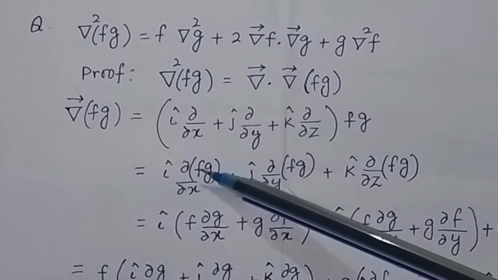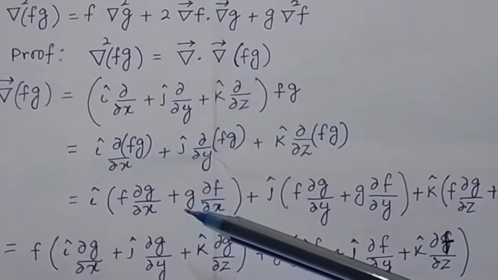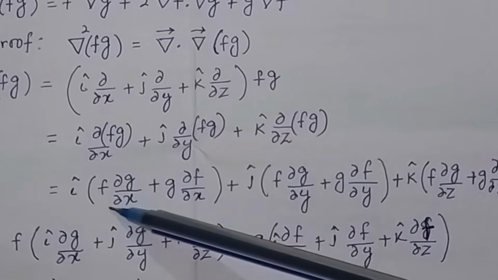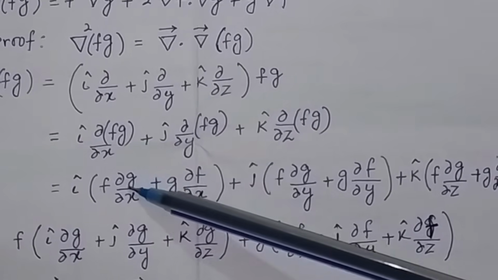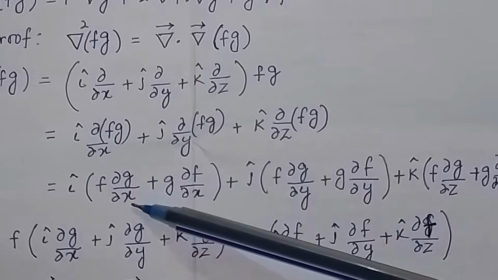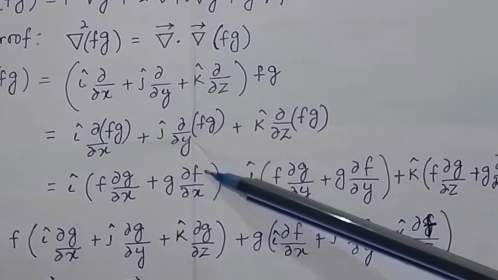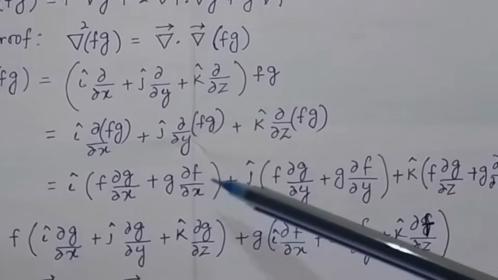This is a product function, so if you find the partial derivative of the product function, that will be equal to i cap times the first function times the derivative of the second, that means f partial derivative of g with respect to x, plus the second function g times the partial derivative of f with respect to x.